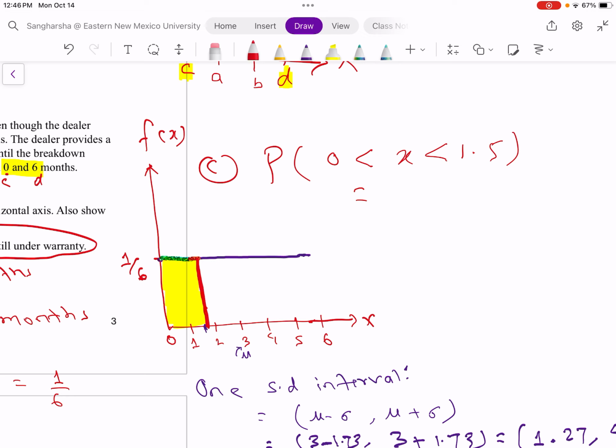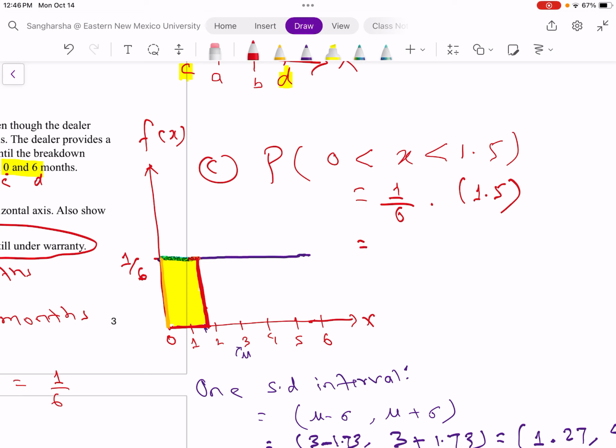We want to know the length and the width. What is this length? It is 1/6. And what is this shorter side? It is 1.5.